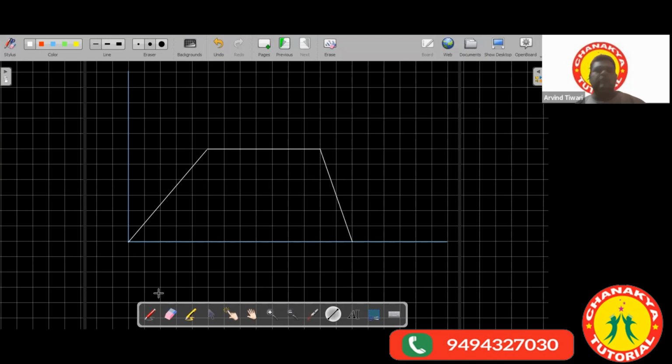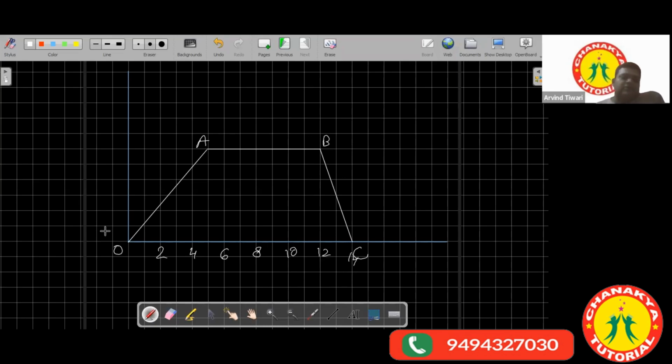Okay. So this is a graph which I have provided you. The points are O, A, B, and C. These are the four portions of the graph. Here I have given you the time as 2, 4, 6, 8, 10, 12, and 14.